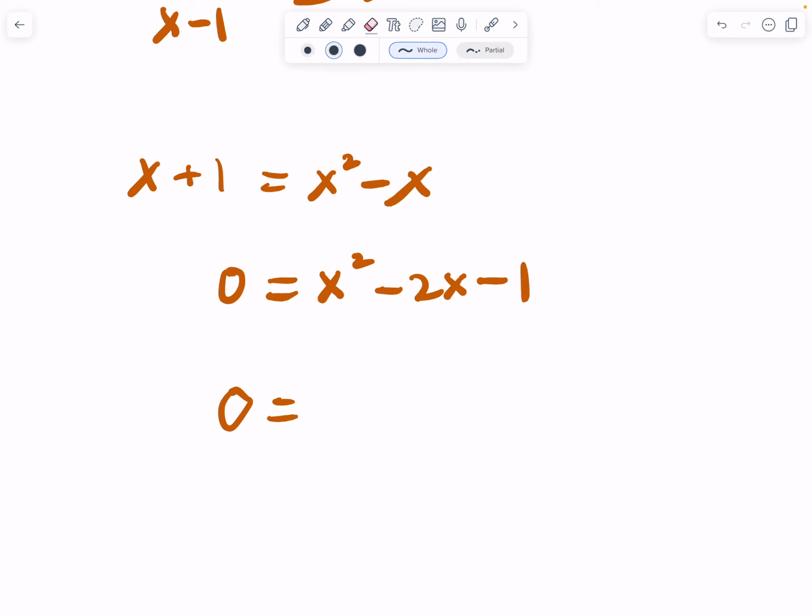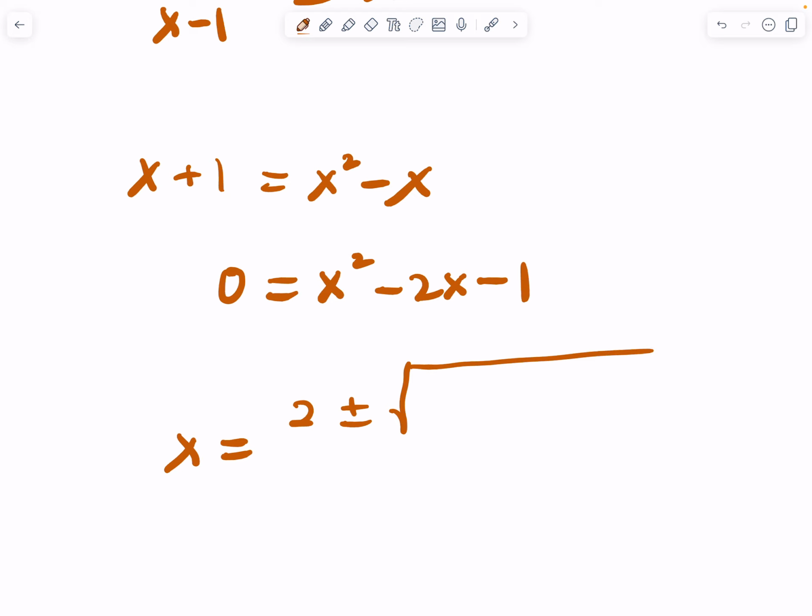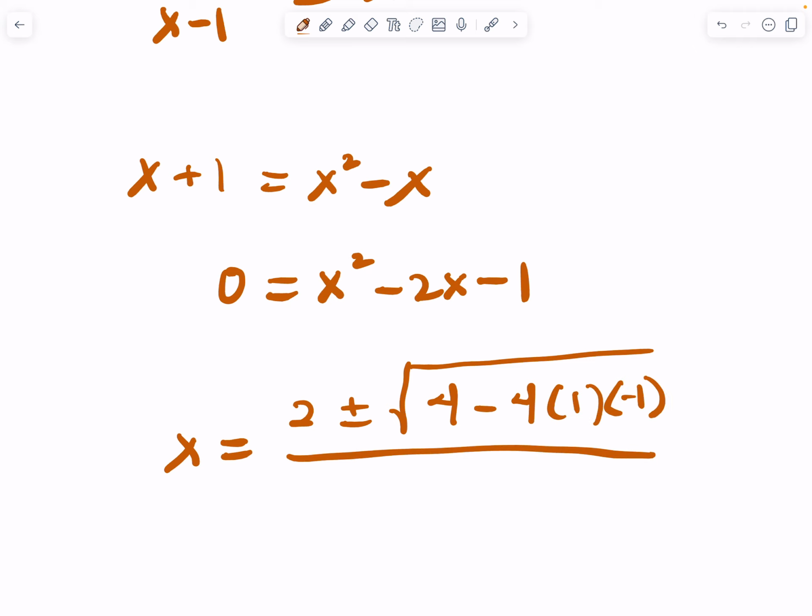So we have x squared, does that factor? No, it does not. Okay, so that means we're going to use our handy-dandy quadratic formula. So we would have x equals negative b, so that'll be 2, plus or minus the square root of b squared minus 4ac, all over 2a.